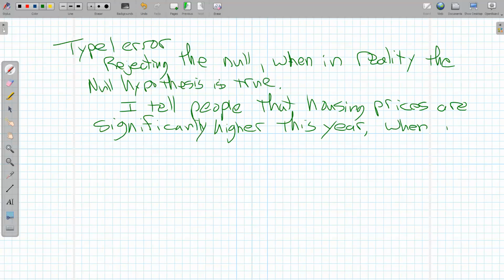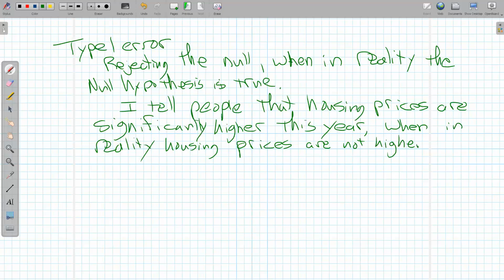They're about the same. I don't know the reality. Never do, actually. In reality, housing prices aren't higher. So that's the situation if I'm making a type 1 error. Not higher.